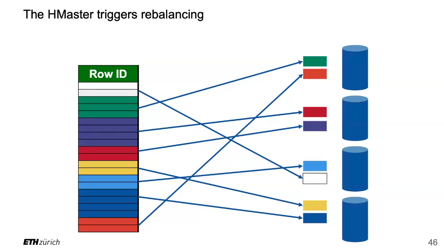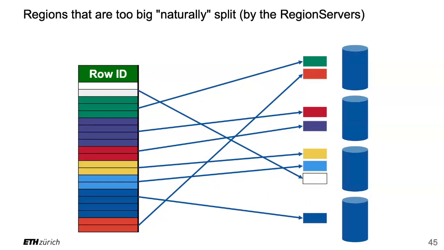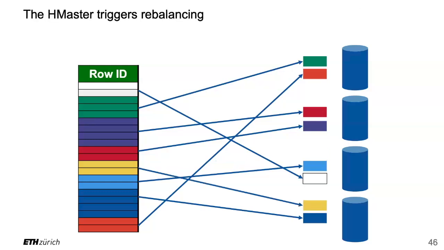The region server right there is wearing 2 hats, the yellow and the dark blue hat, saying I'm responsible for these 2 regions. Switching responsibility is very easy. You just say, now the responsibility for the yellow region is no longer the 3rd one, it's the 4th region server. It's only an assignment.